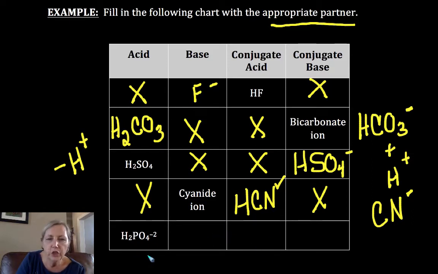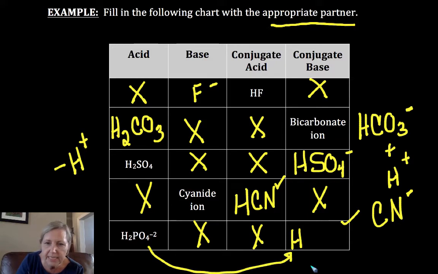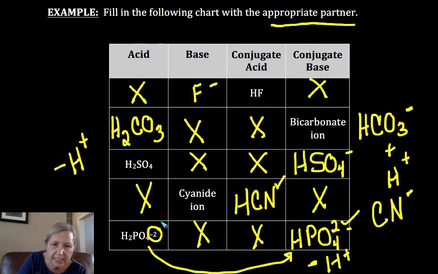Now I have H2PO4 2 minus. It's acting as an acid, so it's going to have a conjugate base. So acids lose, I don't want to make that same mistake twice, it loses an H and a plus, so I'm going to have HPO4 2 minus, and I want you to note that that's a typo there.